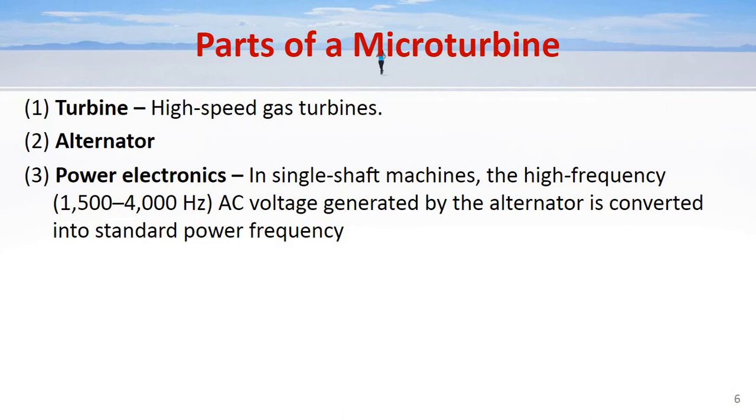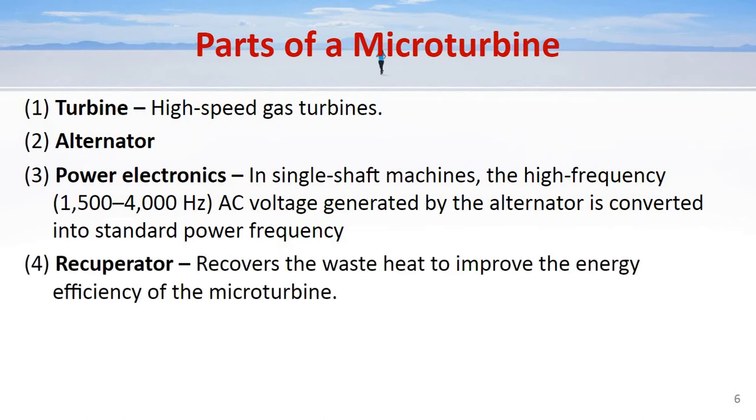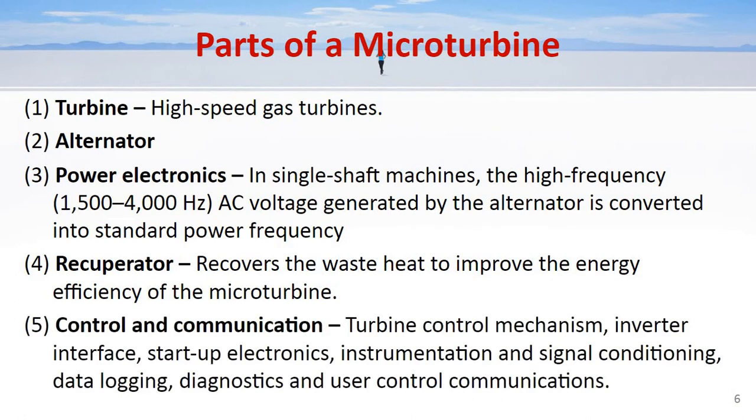The AC voltage generated by the alternator has to be converted to 50 Hertz, so we need some power converters. Then the recuperator recovers the waste heat to improve the energy efficiency of the microturbine. And the fifth and the last is the control and communication: turbine control mechanism, inverter interface, starting up electronics, instrumentation and signal conditioning, data logging, diagnostic and user control communications.